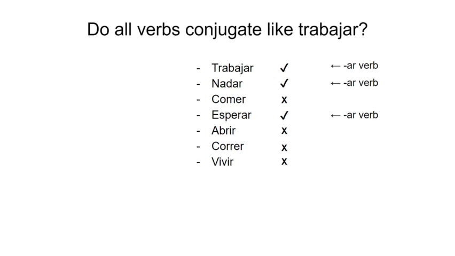But there are also ER and IR verbs. They all conjugate based on the speaker in fairly similar ways, but it's not the same. And obviously, you can tell they were very creative with the naming. We have AR verbs end in AR, ER verbs end in ER, and IR verbs end in IR, if that's already not clear.